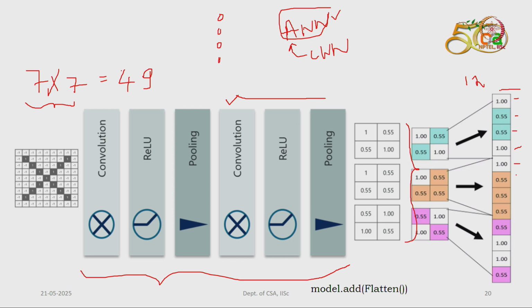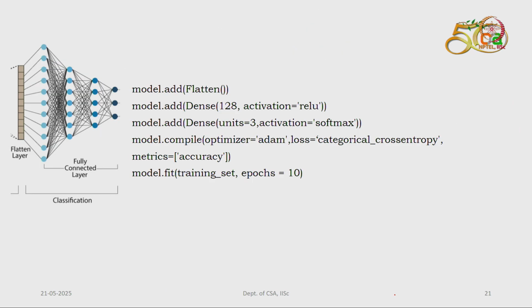So, this portion is what you have done, and how will you write the code? You will write the code by writing a function called flatten. What does flatten do? Flatten will change this entire thing into a single vector. Once this is done, the rest you know very well, you have learnt already.